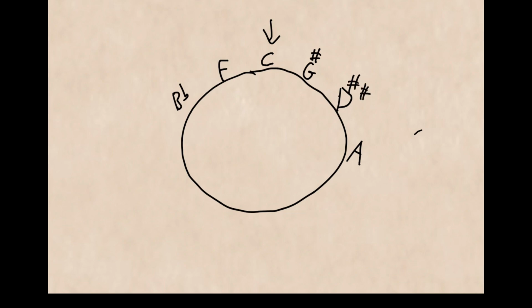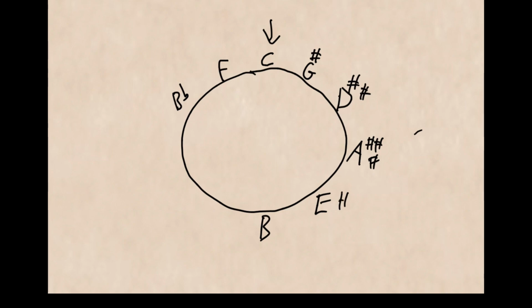And then you get over here to A, 3 sharps, and so forth. And this is traveling around the circle in fifths. G is a fifth away from C, D is a fifth away from G, A is a fifth away from D, and so forth. You're traveling around here in fifths.